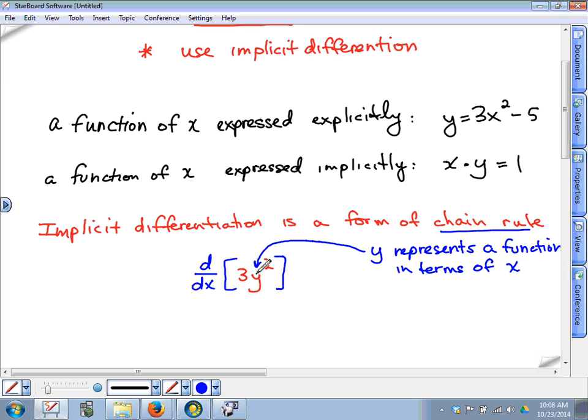So if we wanted to take this derivative, we do the derivative of the outer function first, which is going to be 6y. But now we have to take the derivative of the inner function. So dy, in terms of what though? What are we taking the derivative in terms of? Of x, right?